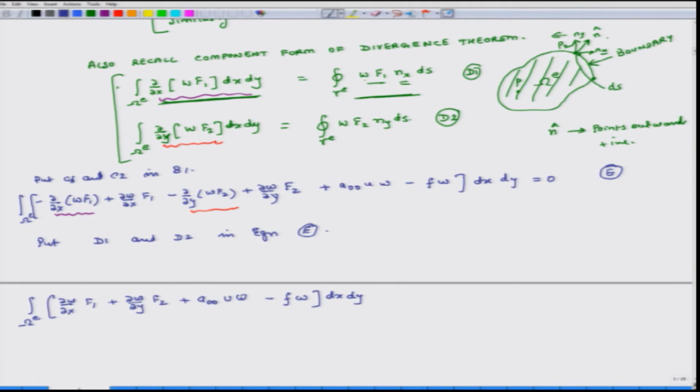These are the surface integral terms, and then I put boundary integral terms. So, this gamma e represents the boundary of the eth element. Gamma represents boundary and E represents the eth element. So, this equals minus W F1 nx plus W F2 ny, ds equals 0.